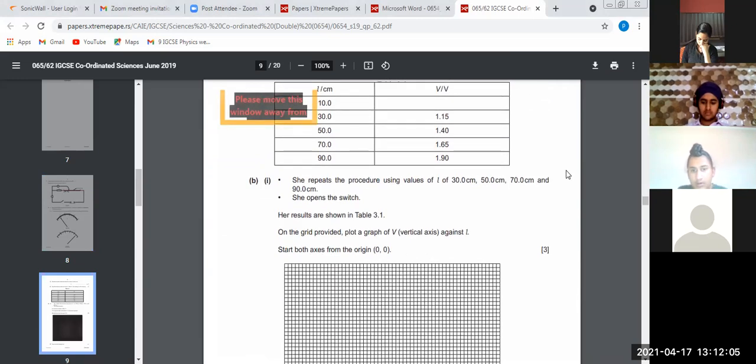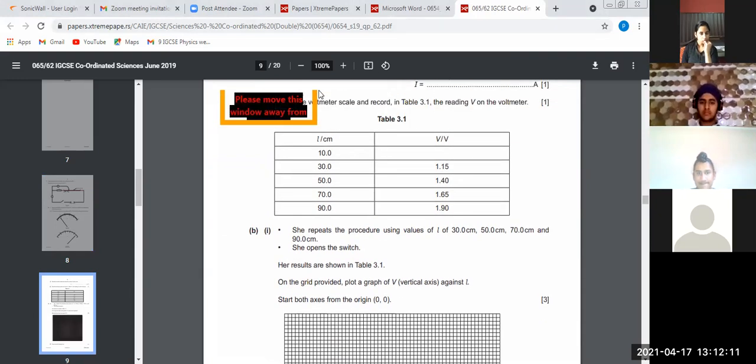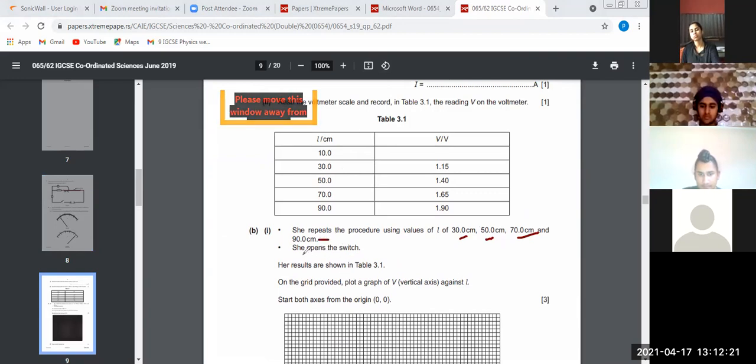Chaliye, B part. She repeats the procedure using the values again and again. She repeated by using the values at 30, 50, 70 and 90 centimeters. She opens the switch after that. Her results are shown in the table.